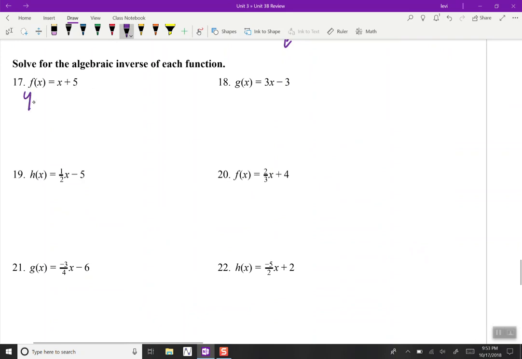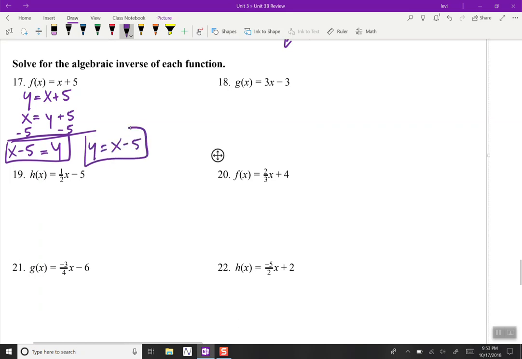So this is y equals x plus 5, which is the same as x equals y plus 5, subtract 5, and we've got y equals x minus 5. That would be its inverse, which can also be written as y equals x minus 5. Right? Okay.